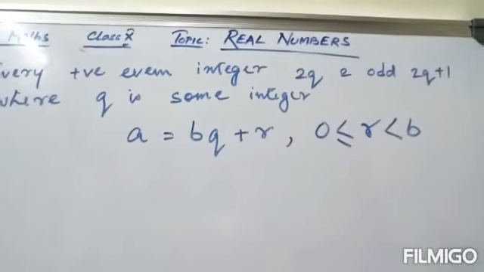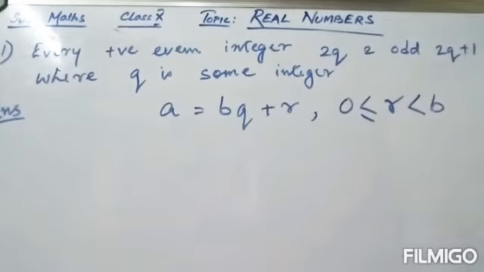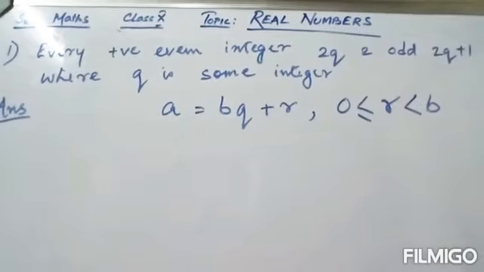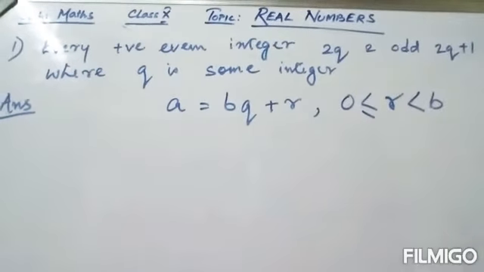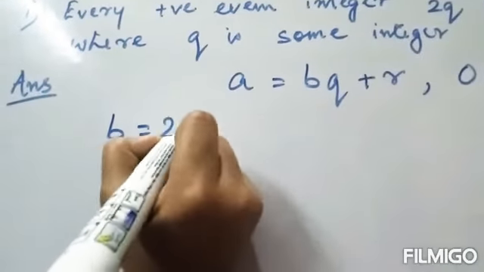Now, as we need to find even integers, if A and B are positive numbers, B will be 2.